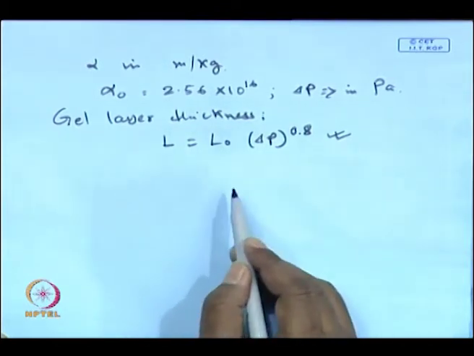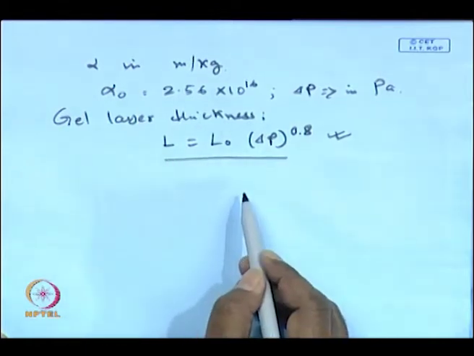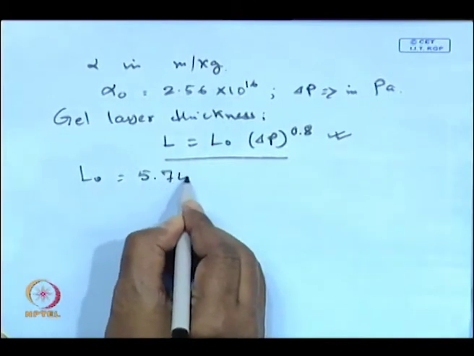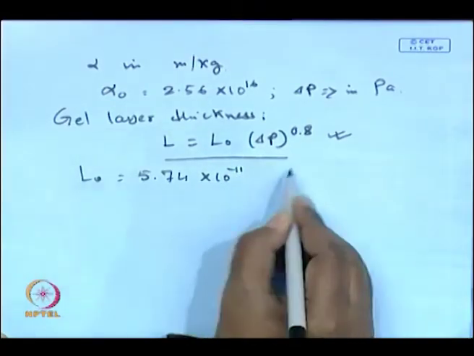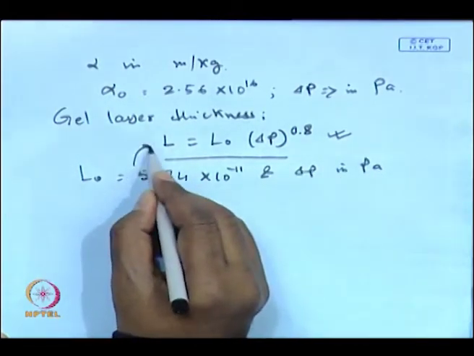Suppose you conduct the experiments at different delta P and find the relationship between L and delta P is something like this, where L0 is given as 5.74 into 10 to the power minus 11, and delta P is again in Pascal in this correlation.